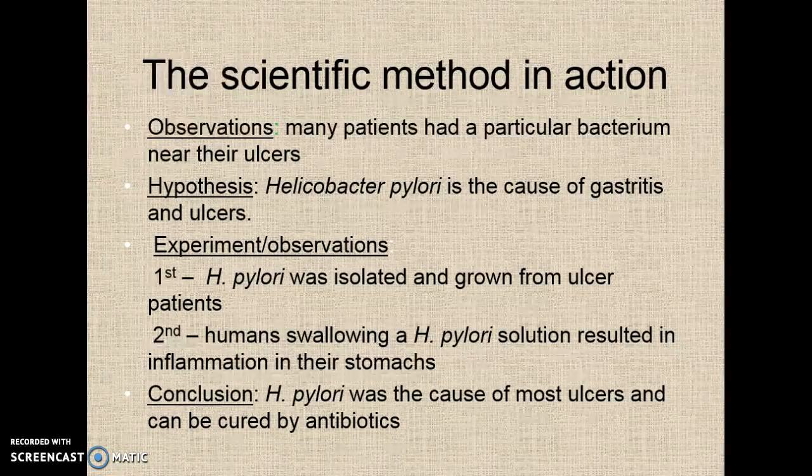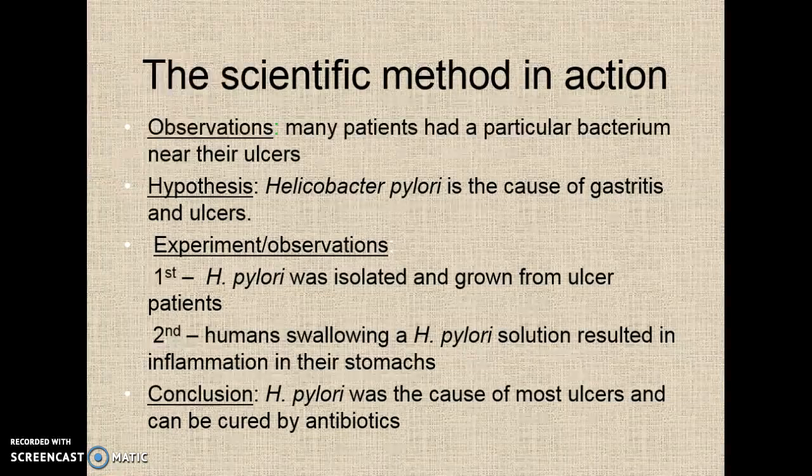So experiments were, Helicobacter pylori was isolated and grown from ulcer patients, again taking those biopsy samples and washing them, and then taking some of that washing solution, putting it into bacteria broth, or onto a petri dish. They could isolate the Helicobacter pylori.